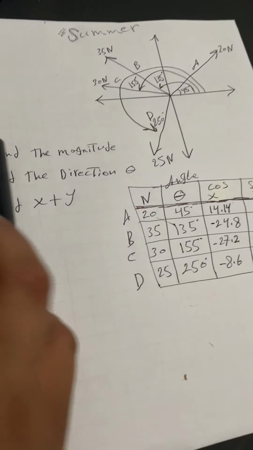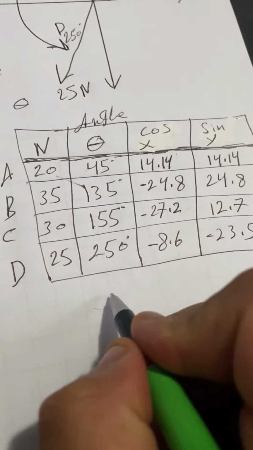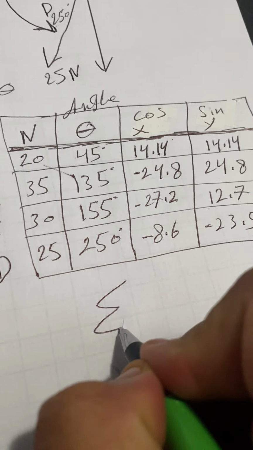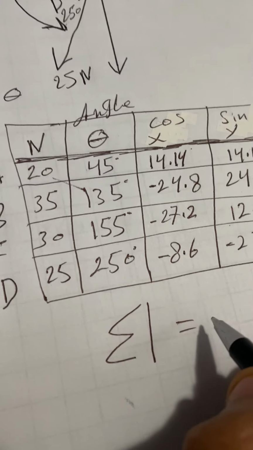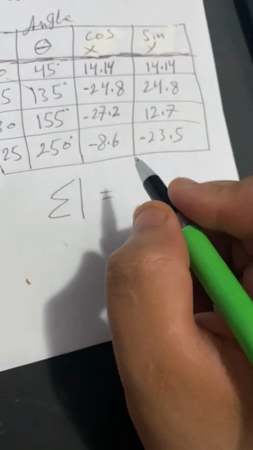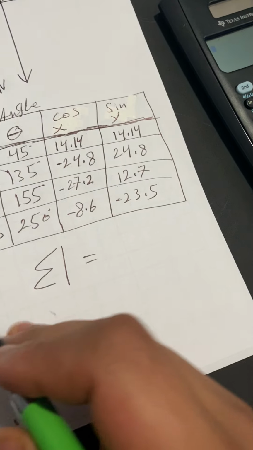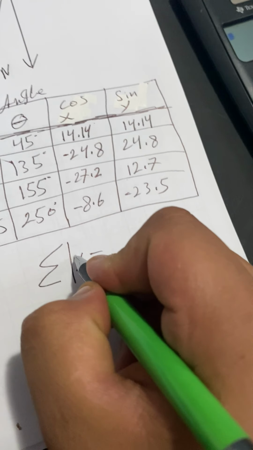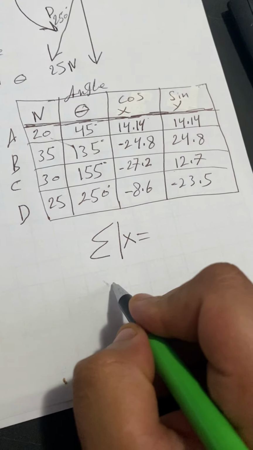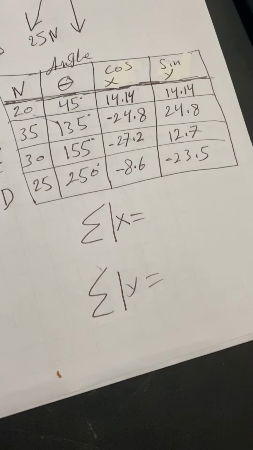It's easy. Now what we're gonna do, we're gonna add up this. Okay, we're gonna use a calculation. We're gonna put this for the x, and this is for the y, x and y.